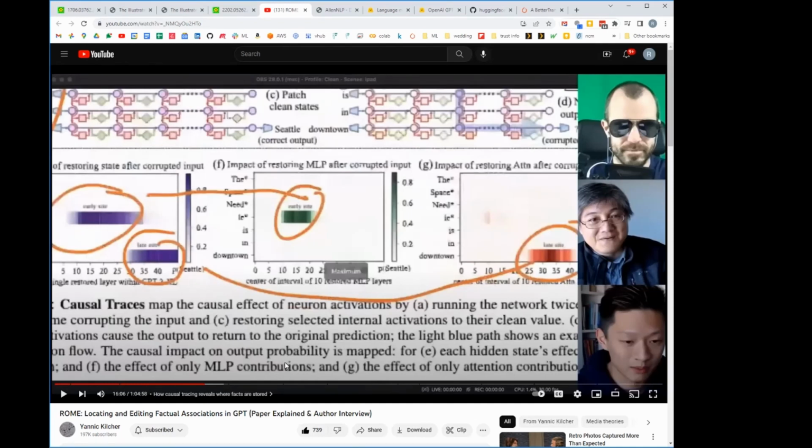And if you have a 12-layer deep transformer model, the big ones are bigger, they're 24, 36, whatever, but just for simplicity, it's 12. Then at the point where you corrupt the Space Needle, you have 10 times 12. You have 120 hidden representations that you need to check to see if restoring them makes a big difference in recovering the original output Seattle.